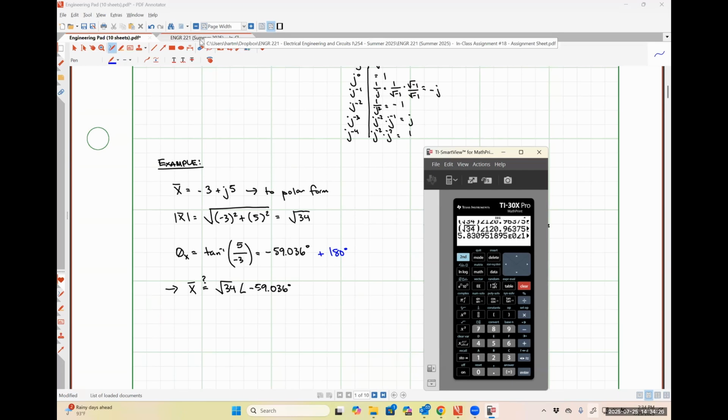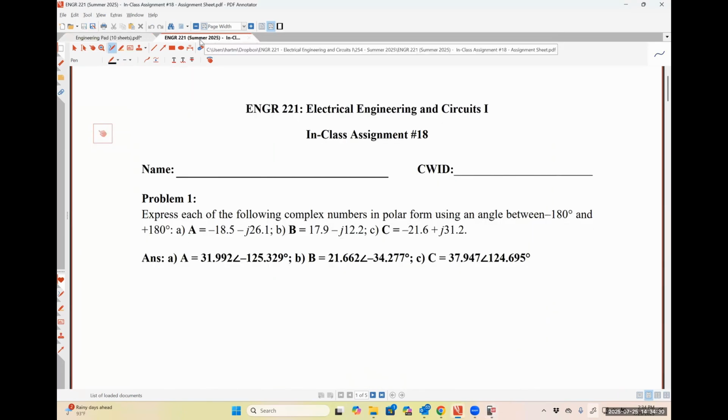So what I would like for you guys to do is take a moment to familiarize yourself with how to use your calculator by converting these complex numbers from rectangular form into polar form. I understand wholeheartedly that you're doing none of this work by hand.